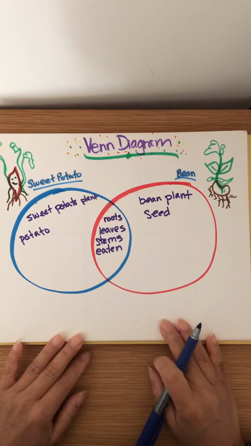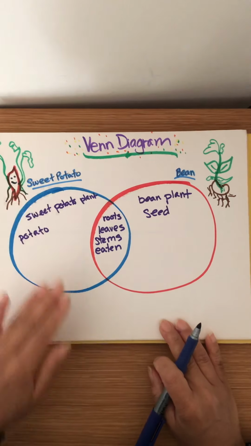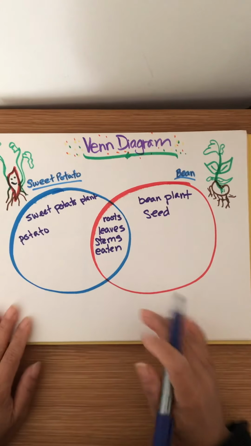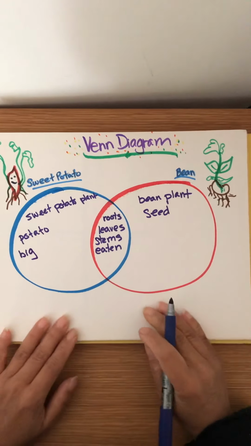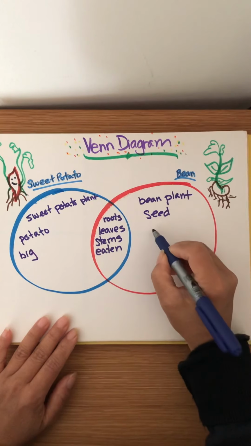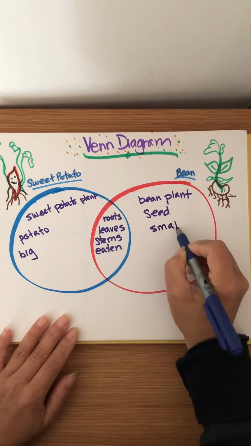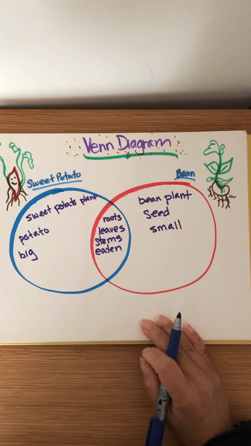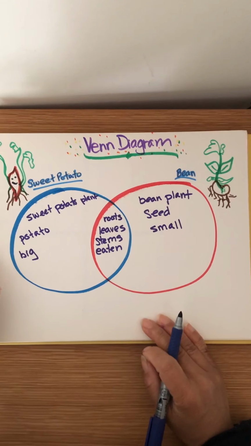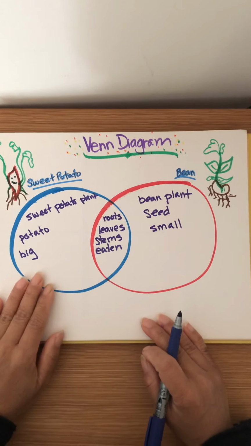What about size? Well, Mr. Sweet Potato, or the sweet potato, is bigger. We can say he's big. And then the bean plant started out really small. How about the color? Let's look at all these things. We have the size, right? Now let's look at color.